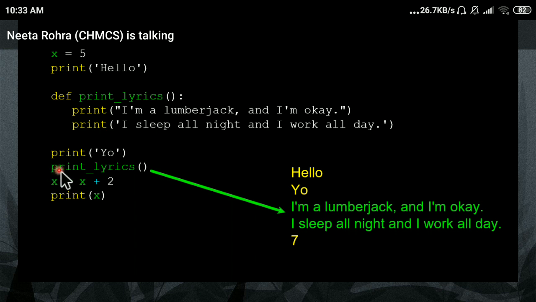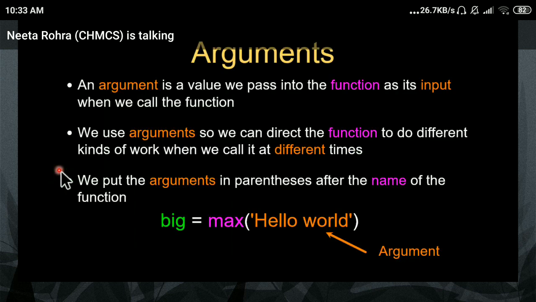In that case, we'll require an assignment operator at the call of the function. What are arguments? They're nothing but the input to your functions. Now you'll have to be very careful with the data types. If you're passing down a string or an integer or a float, you'll have to apply the conversions.